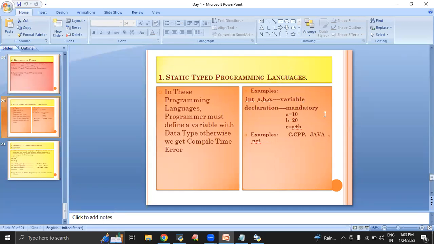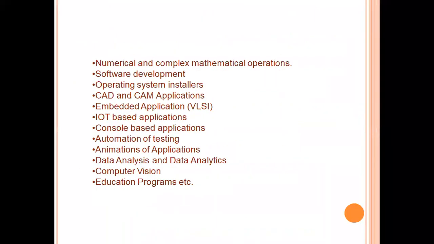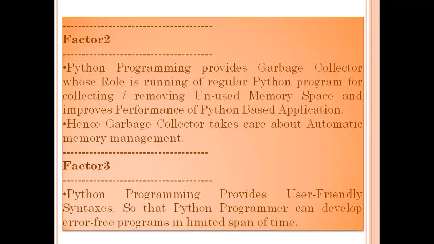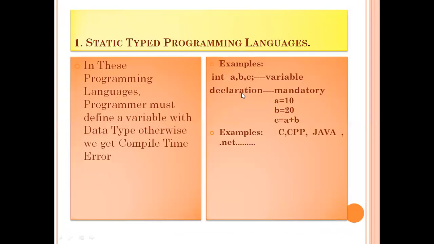Declaration is mandatory. That is the reason I'm telling you, you have to mention what type of value it is, whether it is a float value, an integer value, or what kind. Examples are C, C++, Java, .NET.